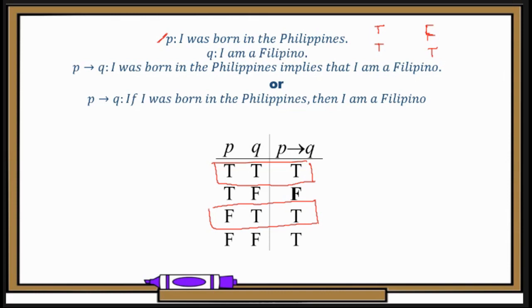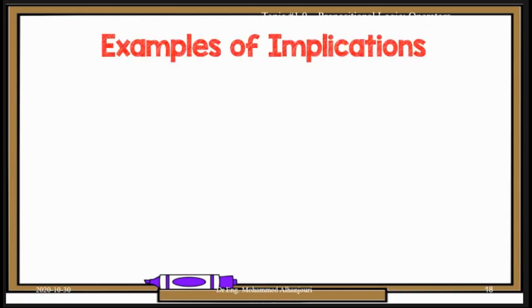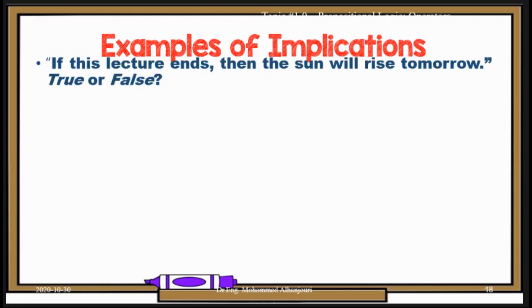Let's have more examples of implications. If this lecture ends, then the sun will rise tomorrow. Is this true or false? So this lecture ends. Matatapos ba itong lecture na to? Yes.